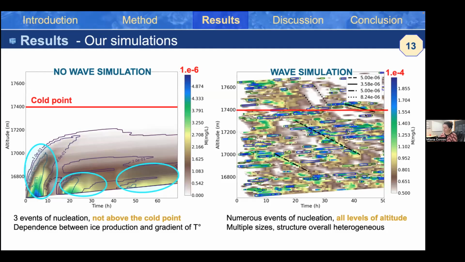These nucleation events will create different crystals with various sizes, as expressed by the fit of the ice crystal sedimentation for specific sizes in black lines on my graph here. And so we can see that bigger crystals are created in the upper part of the domain, so they are not coming from the growth by sedimentation.